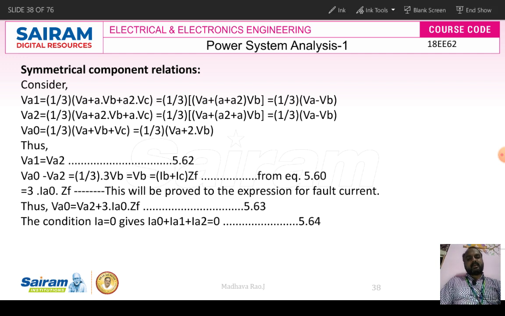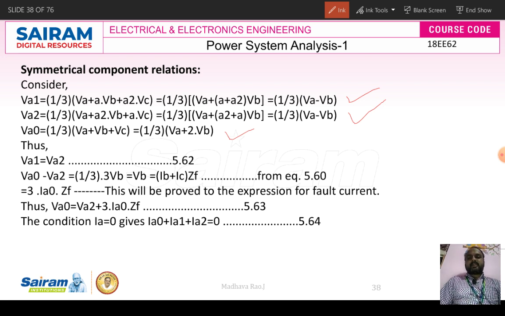Finally we will get VA1 equal to 1 by 3 into (VA minus VB), VA2 equal to 1 by 3 into (VA minus VB), and VA0 equal to 1 by 3 into (VA plus 2 VB). So, these are the voltages we got from the terminal conditions, right.